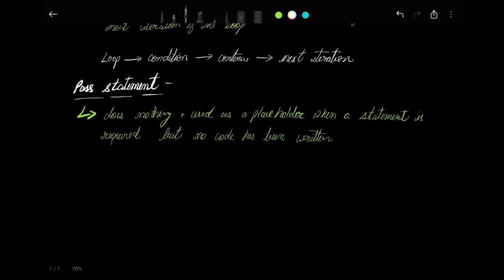If I want to summarize all these statements, break stops the loop immediately. Then continue skips the current iteration and continues.